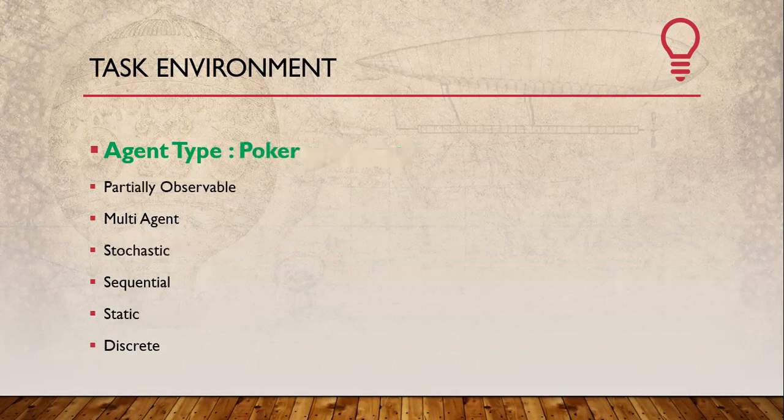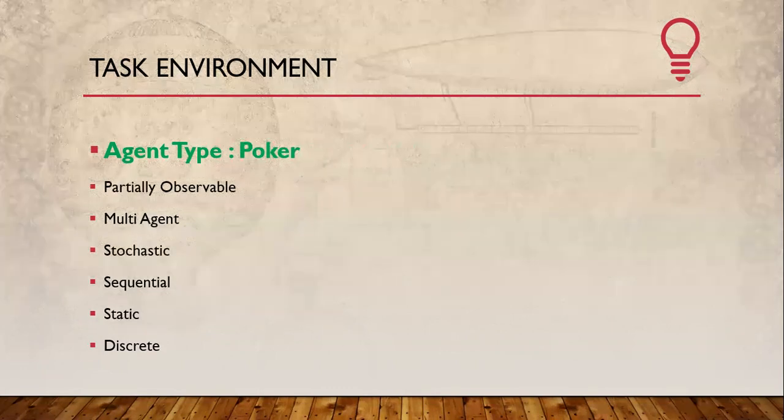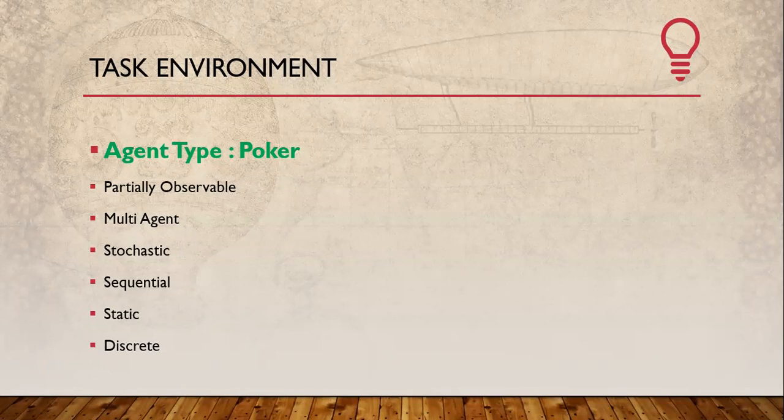Going forward, the next game is poker. I think you will be well aware of this game. The environment will be partially observable over here, and because it is partially observable, it will not be completely determined, and that's why it is also going into the stochastic mode. Multi-agent. Why multi-agent? Because of course there are multiple players, and it could go into the competitive mode also.